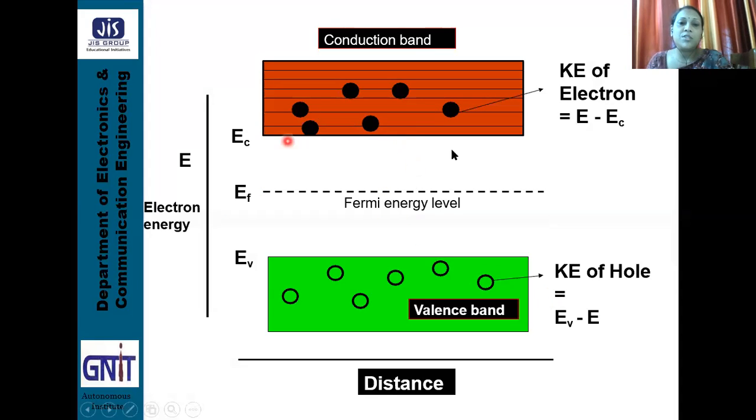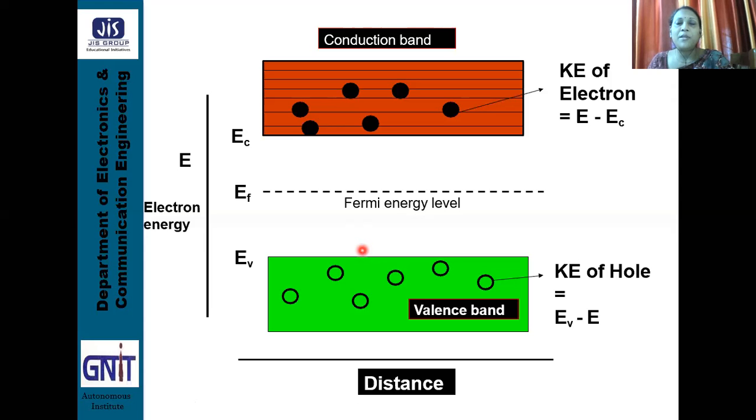So this is just a recapitulation: this is the conduction band denoted by EC, and this green one is the valence band denoted by EV. In between the valence band and conduction band, this band gap is called the forbidden energy gap. Why is this forbidden? Because no free electrons can be made available in this region.